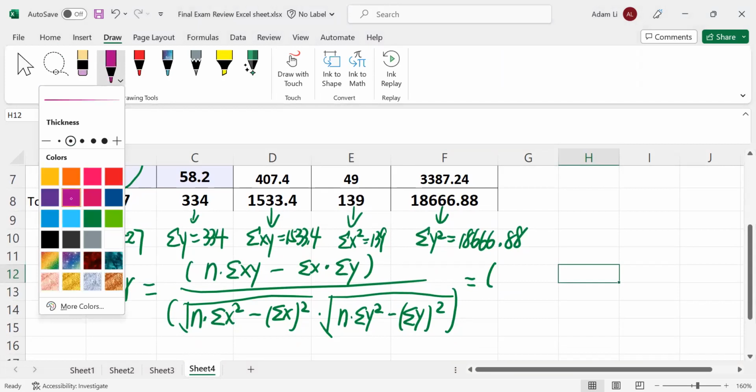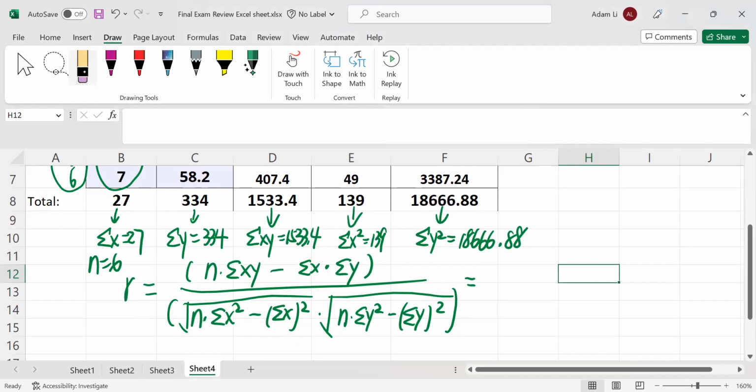So it's going to be 6 times xy 1533.4 minus total x 27 and total y 334.